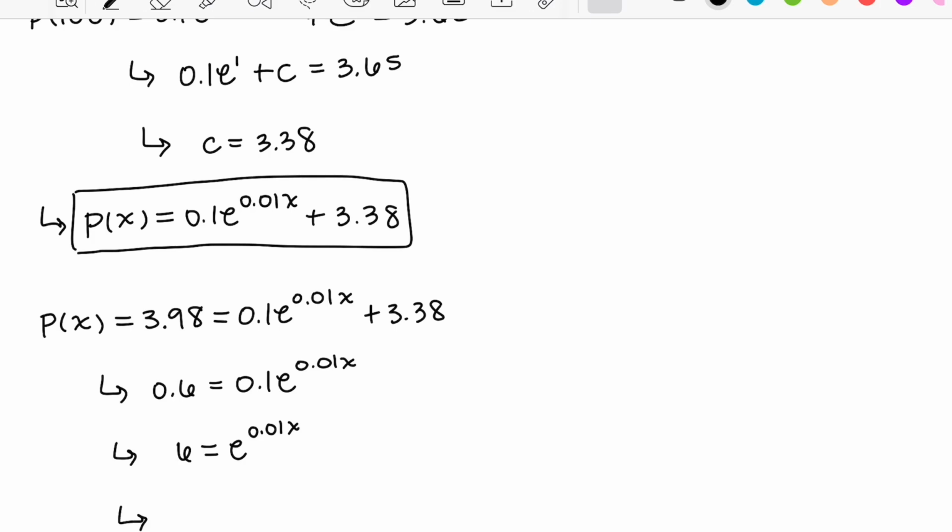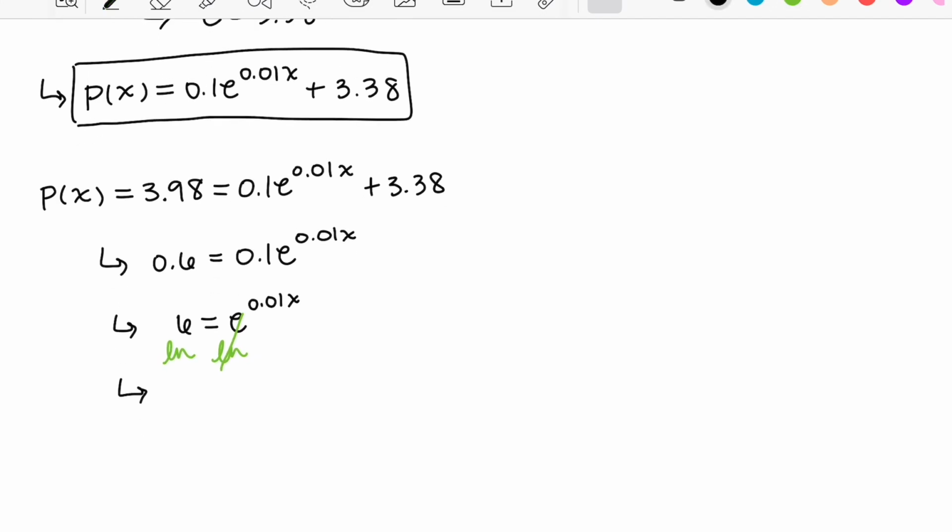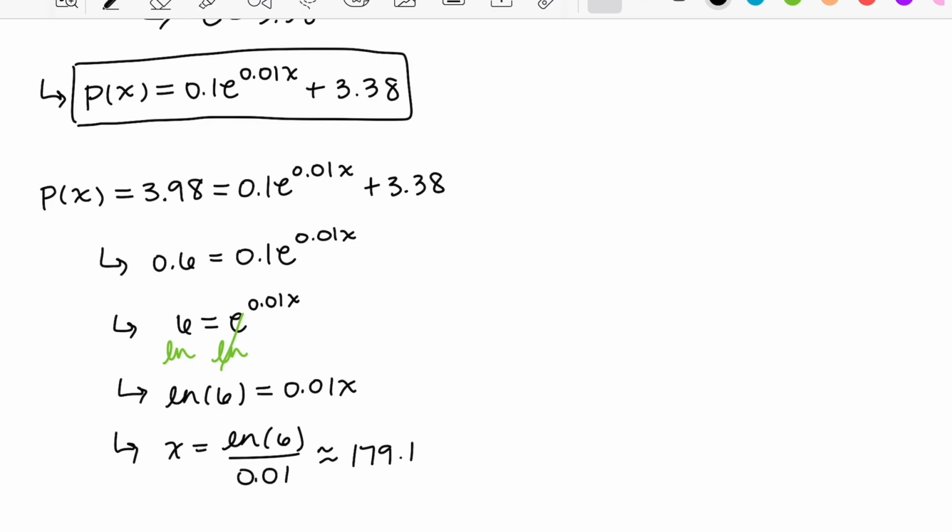And then taking ln on both sides, since ln and e are inverses of each other, we'll get ln of 6 is equal to 0.01x. And finally, solving for x by dividing by 0.01, we get this is roughly equal to 179.18.